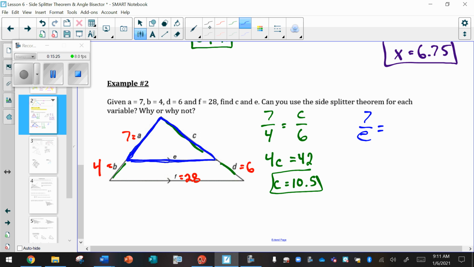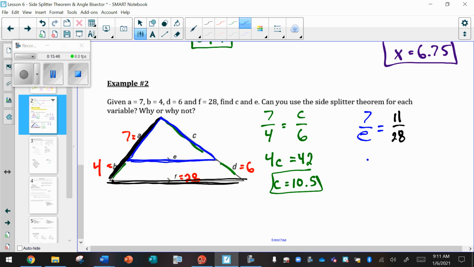But then I have to use the full length along the left of 7 plus 4. So I'm going to use the full length of 11 along the base of 28. Now you're going to cross multiply from there and solve.